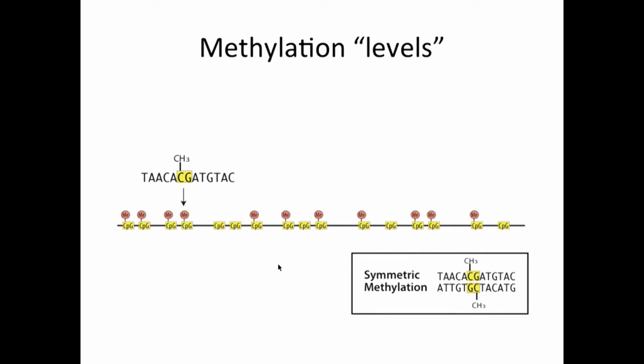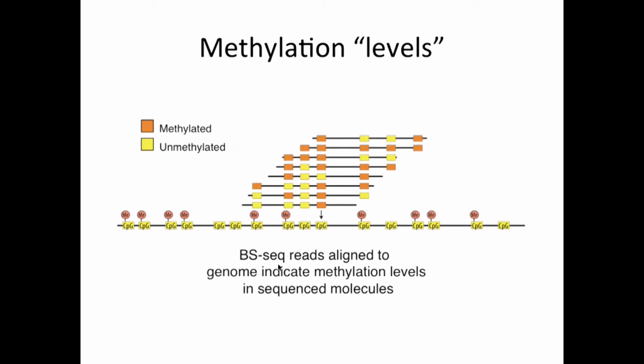So this is again showing you an example of reads covering these CpG sites. They're aligned to the genome, and the alignment and the frequency of Cs to Ts gives you an idea of the methylation level at those sites.